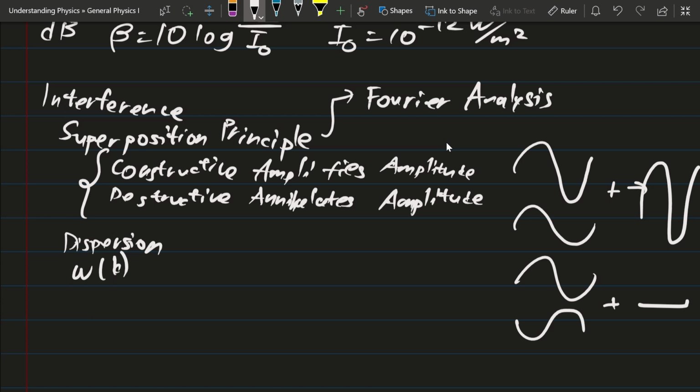If it is nonlinear, it would mean that the velocity would change depending on the frequency or the wave number.